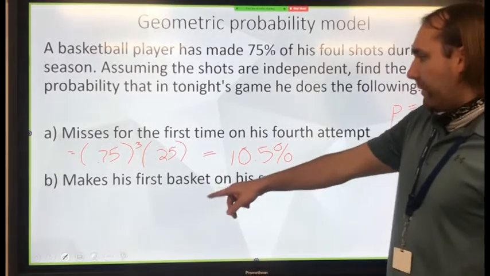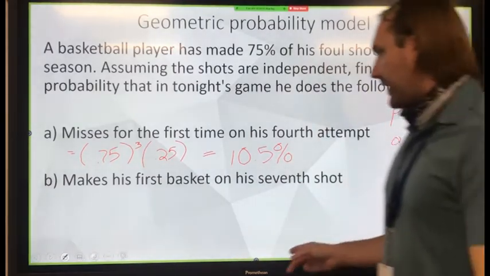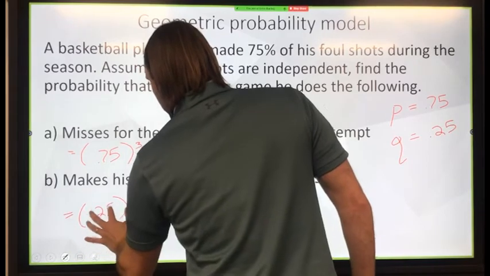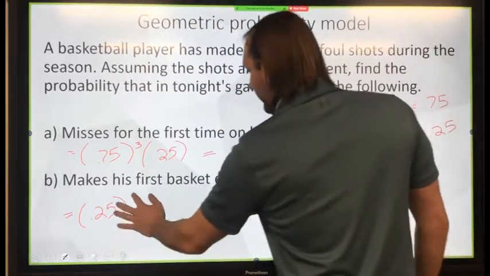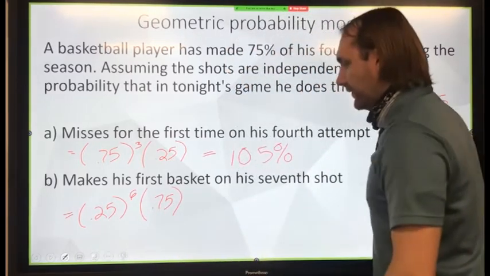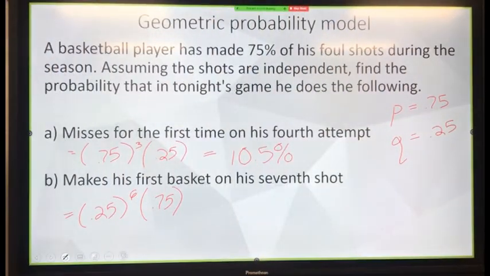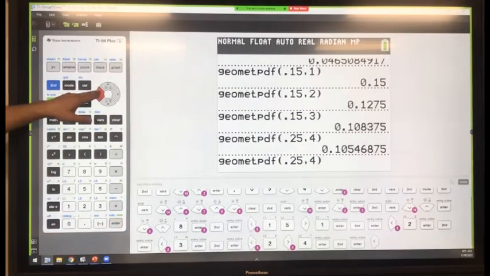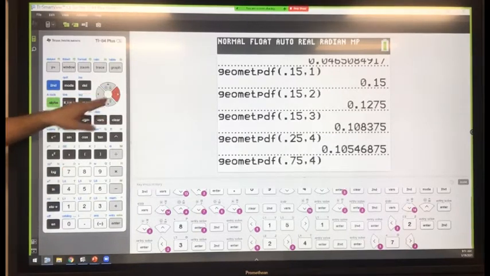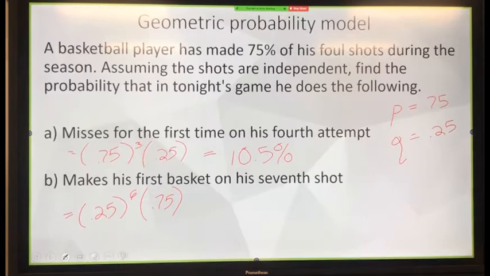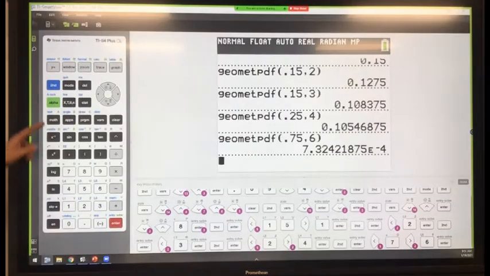And then makes his first basket on his 7th shot. So he missed how many before he made it? 6. So that's 0.25 to the 6th power. So now he finally made it, which was 75% chance. Or in the calculator, what would this look like? What did I put here for my P probability? 0.75, and what number did I put here? 6, right? Was it 6? Oh, sorry, 7.